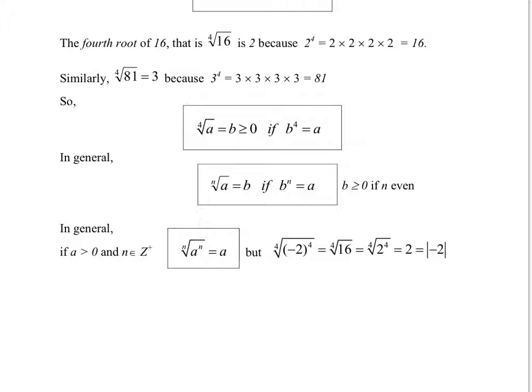However, if it's an even root, like the fourth root, and an even power, well, negative 2 to the power of 4 is actually positive 16. And if you're looking for the fourth root of a positive number, the answer is going to be positive. So the fourth root of negative 2 to the power of 4 is a positive number. It's actually the absolute value of negative 2.